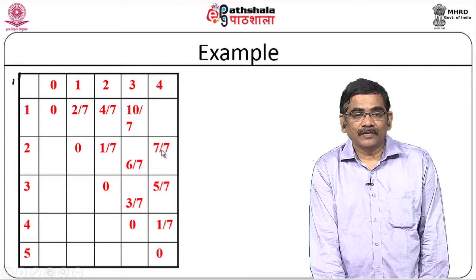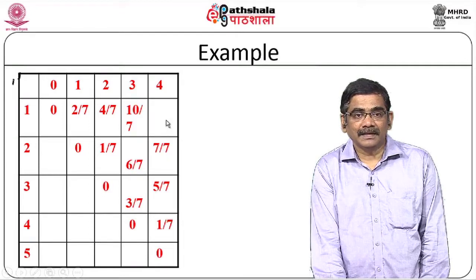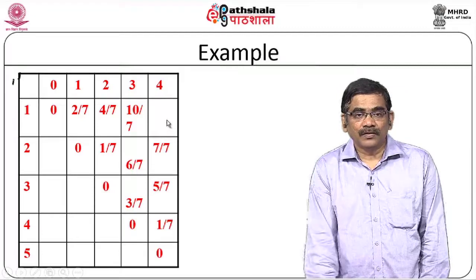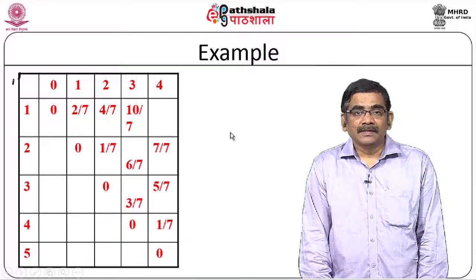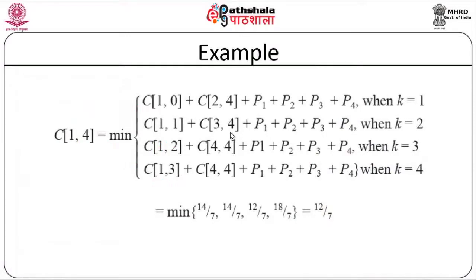Now we have to find out only one thing, that is 1 comma 4, that is our goal. Again by applying the recursive definition we can see that it is going to be the minimum of all these factors, which turns out to be 12 by 7.